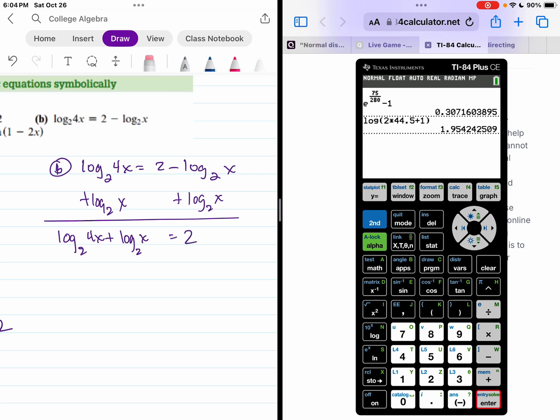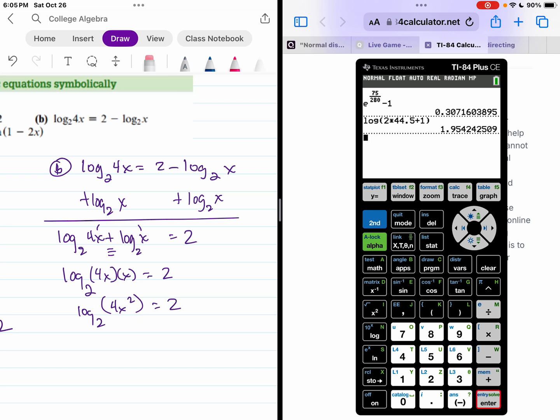Again, here, since we have an addition sign, that means that I can multiply the two parts together, this part and that part. So that means I can rewrite this as log base 2 of 4x times x. And that's equal to 2. So that gives me log base 2 of 4x squared equals 2.